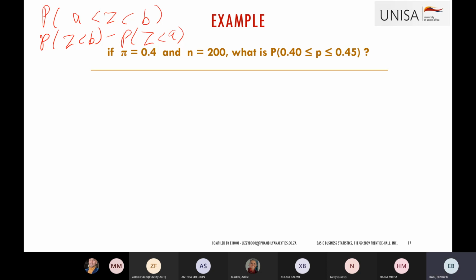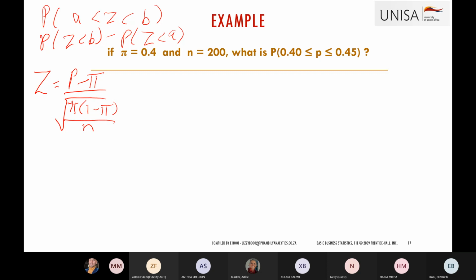What do I need to answer this question? I need to use the Z formula, which is my sample proportion minus my population proportion, divided by the standard error, which is the square root of my population proportion times 1 minus my population proportion, divided by n.